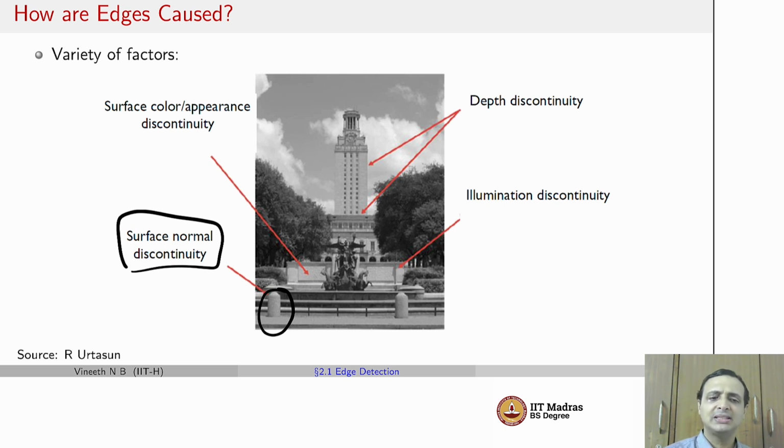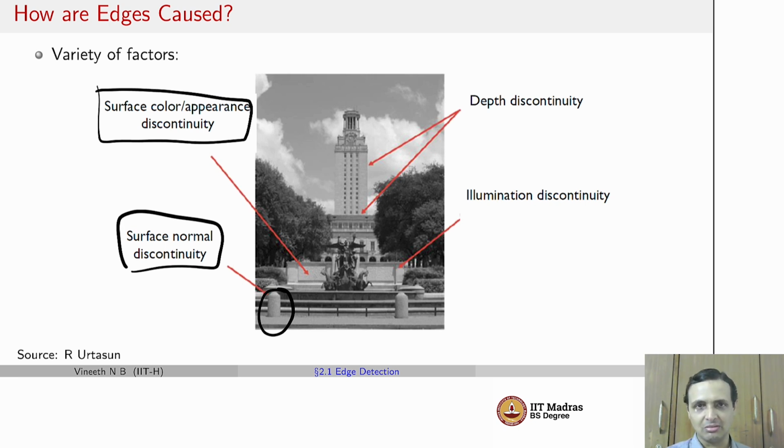Another option is simply a color or an appearance discontinuity. As you can see here, there is some discontinuity in the surface color or appearance. Maybe while this is a black and white image, you can imagine a red block below which there's a blue block. Just that color difference is going to lead to a discontinuity.